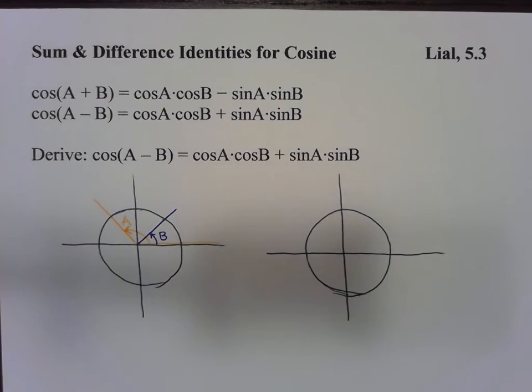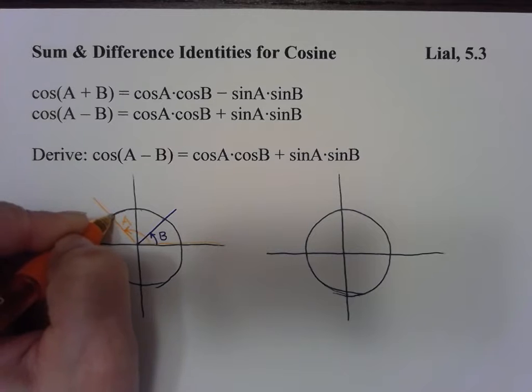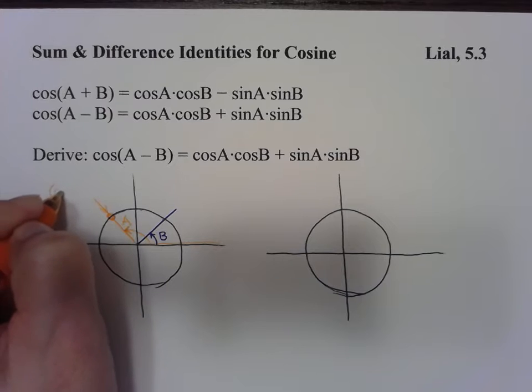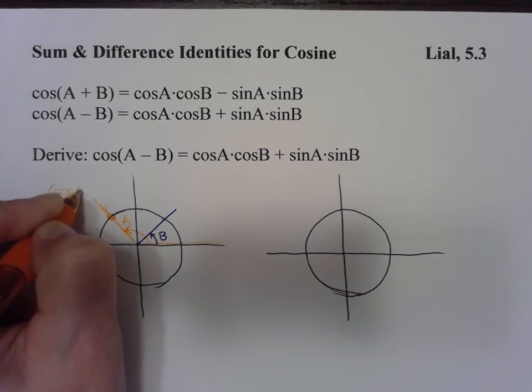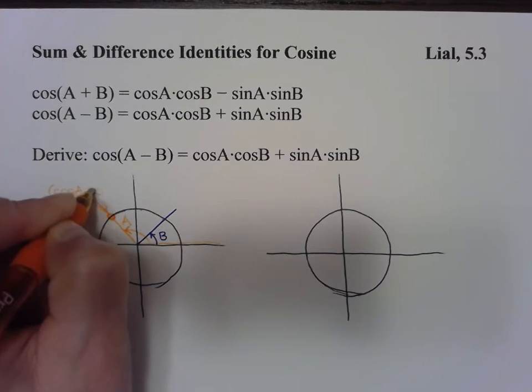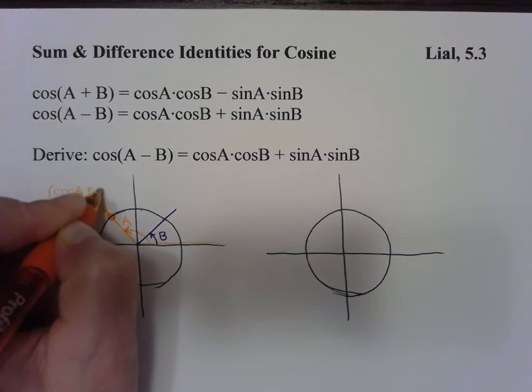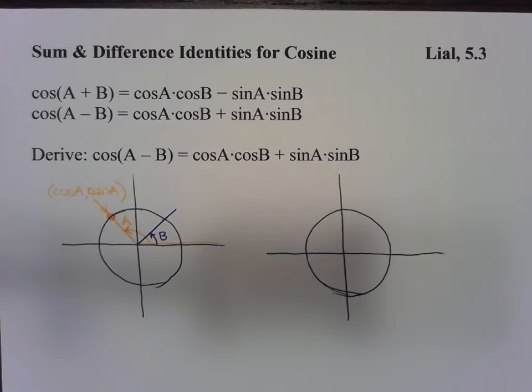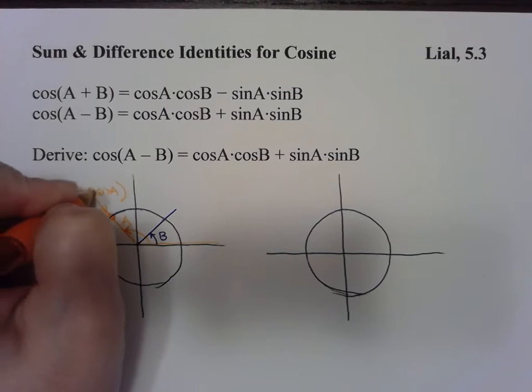Each of these generates a point on the unit circle where the x value of that point is the cosine. So we'll have the cosine of A, comma, sine of A. I didn't write that very nicely.